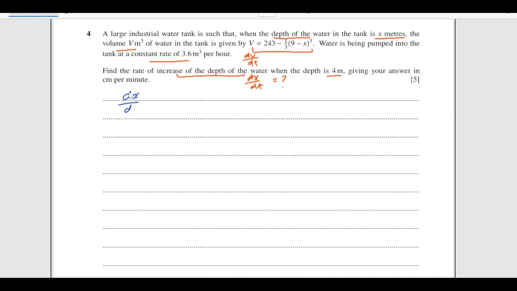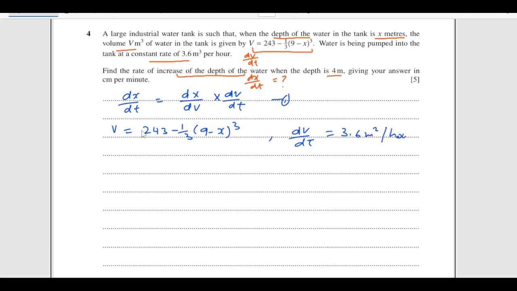This can be written as dx over dV times dV over dt. This is what we want to find out. So what do we have? We have V is equal to 243 minus 1 over 3 (9 minus x) cubed, and we also have dV over dt, given to us as 3.6 meter cubed per hour.